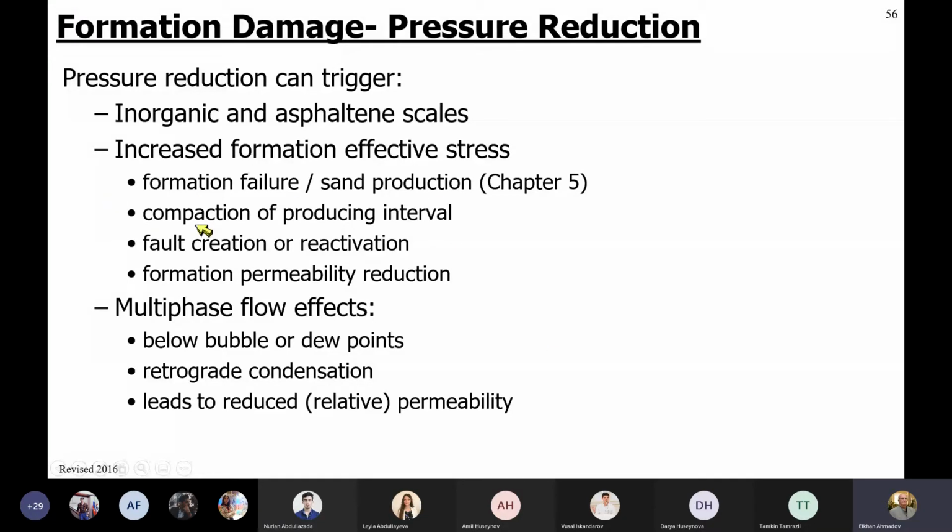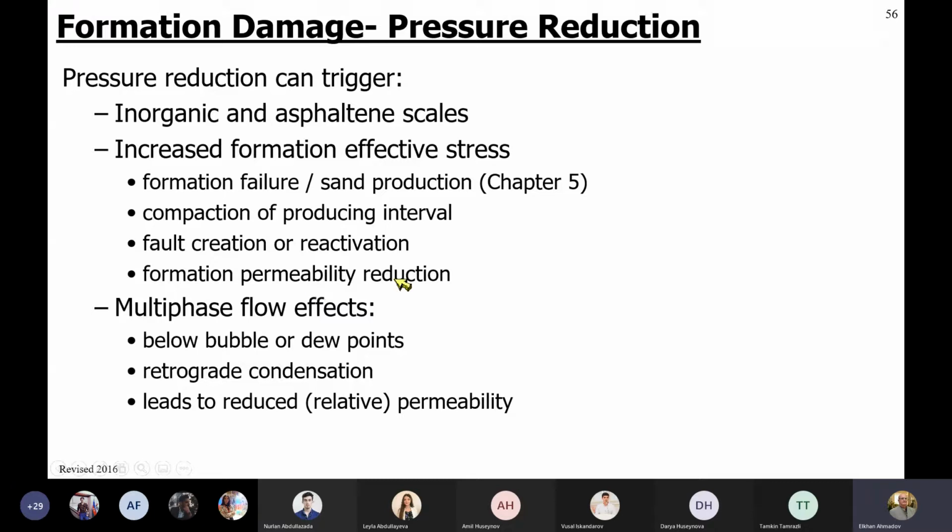Also, it may reactivate faults, very short faults, but anyway, the production interval may become reduced in permeability.